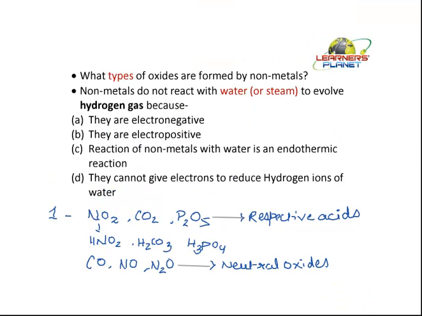Hydrogen exists in the form of H ions, right? In a water molecule, the water dissociates into H plus and OH minus ions. For the release of this hydrogen ion as hydrogen gas, what is required?